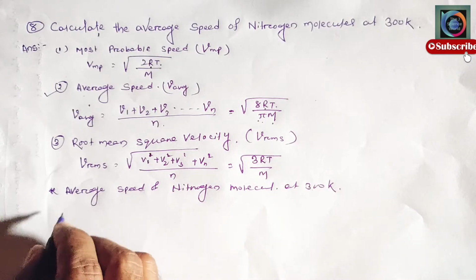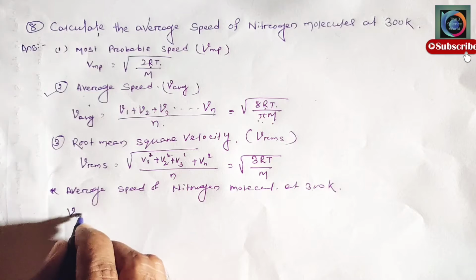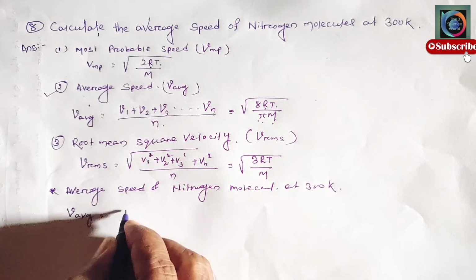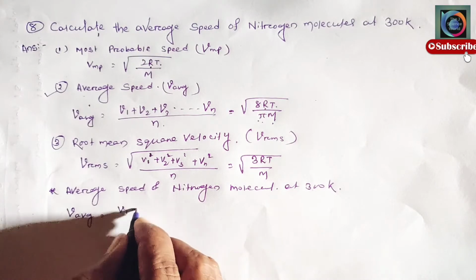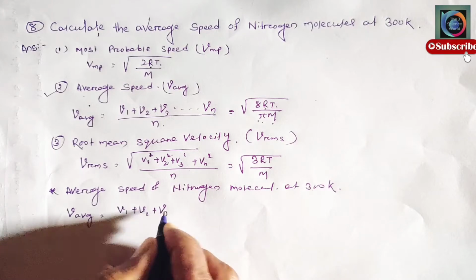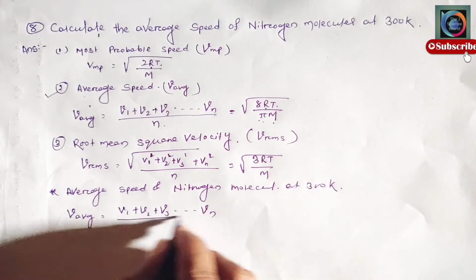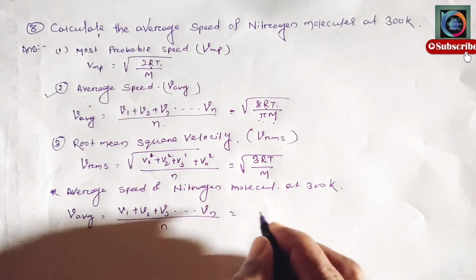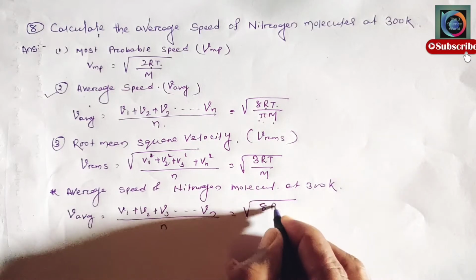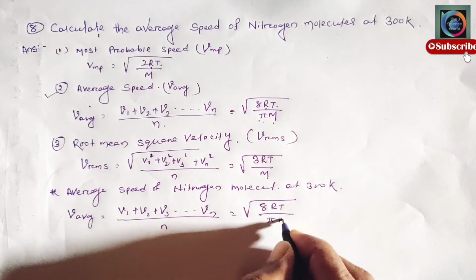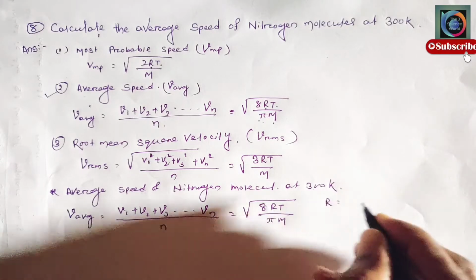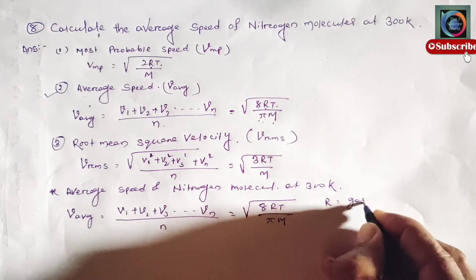Here our mathematical expression is v1 plus v2 and so on, whole divided by N, that is square root of 8RT by pi M, where R is our gas constant.